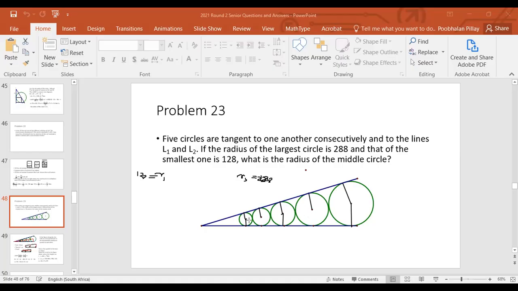Right. Now, when you connect these 2 radii, that is going to be R1 plus R2, this length here. In fact, all these centers lie on the same straight line. Every one of these centers is equidistant from these 2 arms.